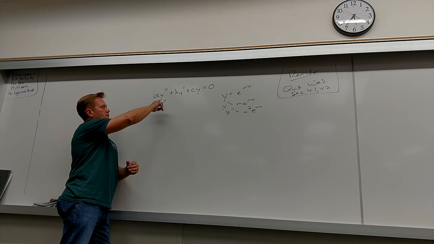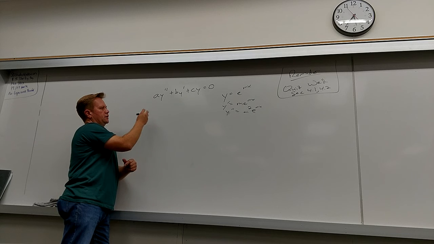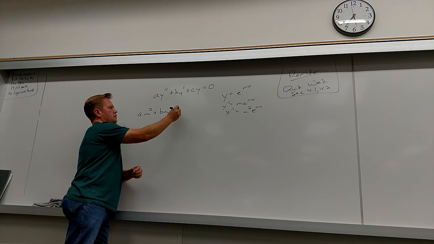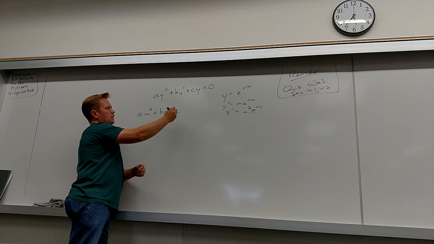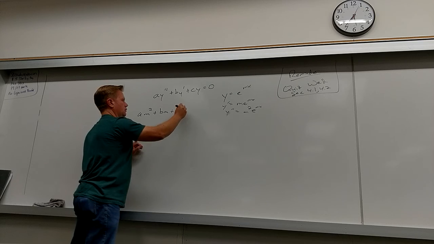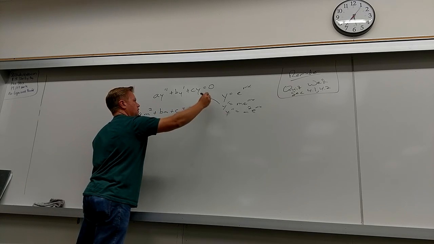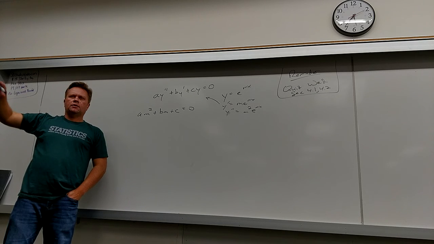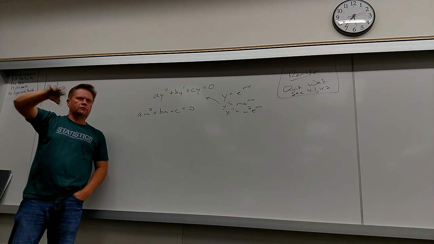I like it. So if you plug this stuff in, you'll get am squared plus bm plus c times e to the mx, and I can divide by it because it can't be 0. So that assumption of an answer totally makes sense, because it's got to be like terms with its own derivatives.